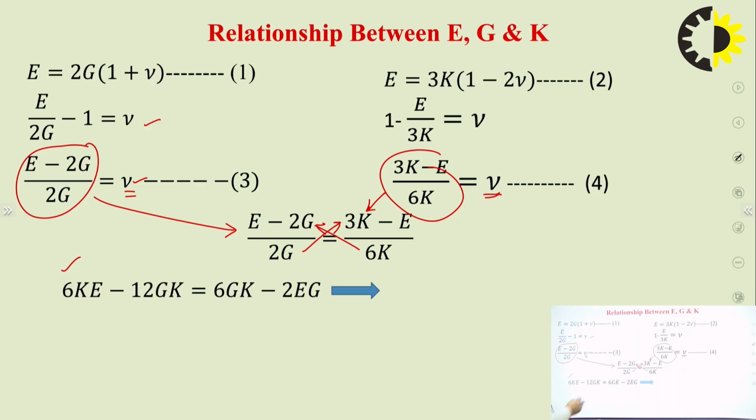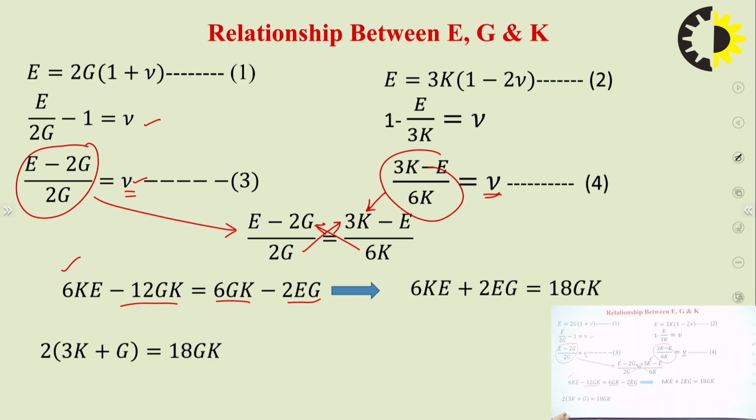E multiplied by 6K, minus 2G multiplied by 6K, so this is 12GK, and similarly 2G multiplied by 3K is 6GK, and minus 2G E. Further solving, you will get 6KE + 2EG = 18GK. This is simple mathematics, nothing else. You can take 2 common from the left-hand side and you will get this result.